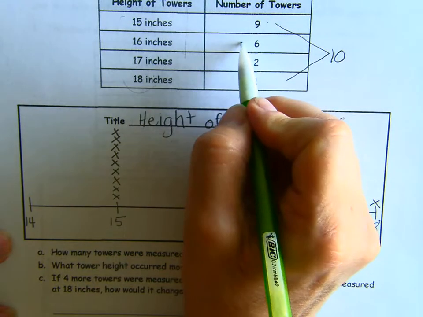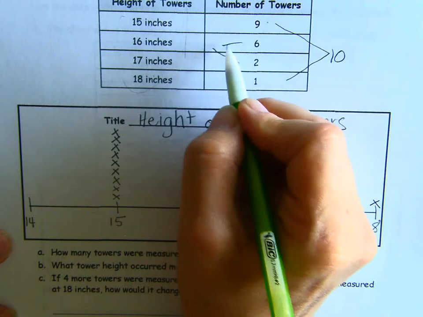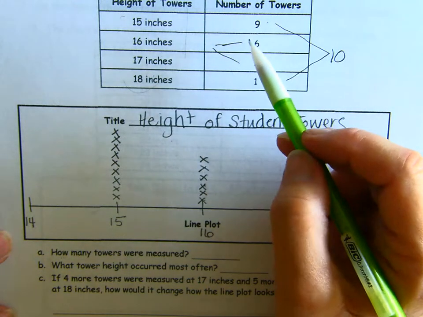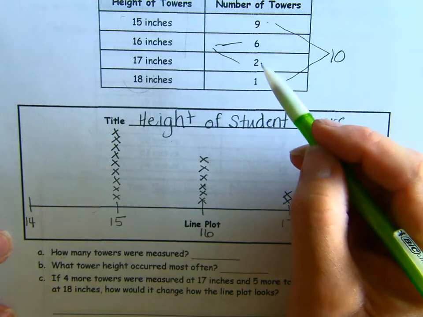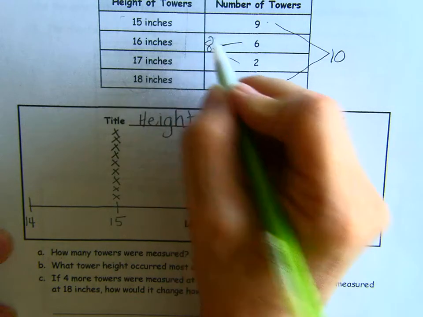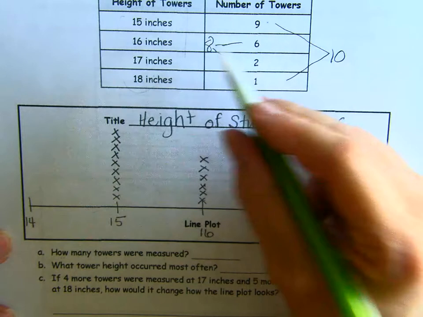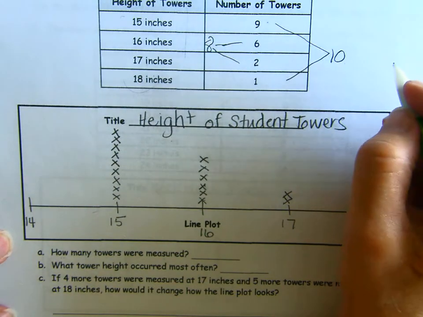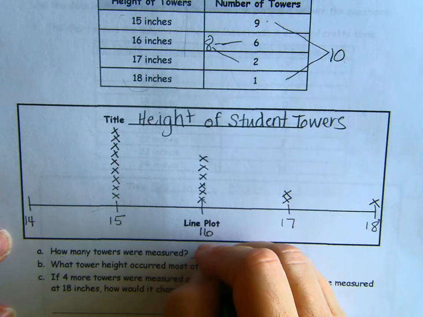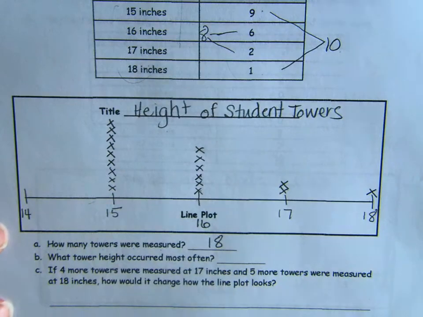So then I have 6 and 2 left to add. What is 6 plus 2? You can just count up if you don't know it. 6, 7, 8. And then we need to add 8 plus 10. Good. 8 plus 10 is 18.